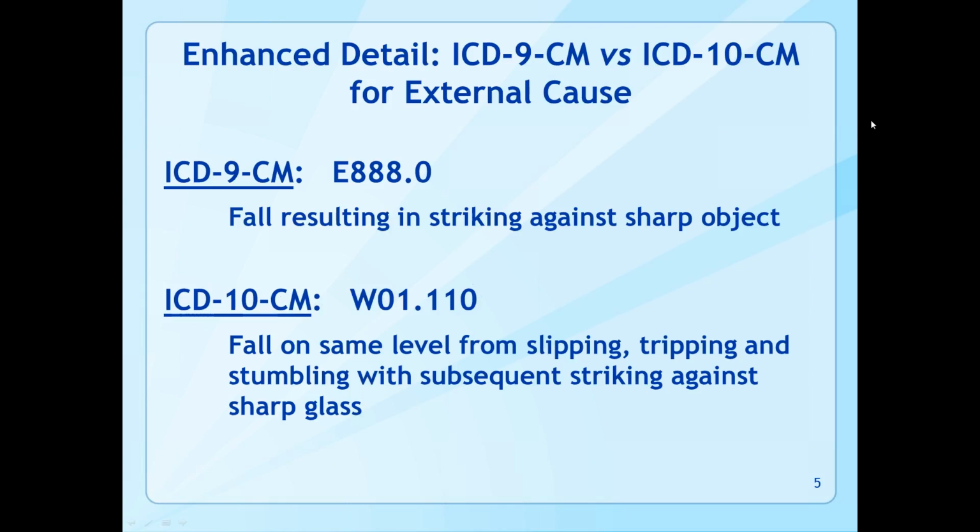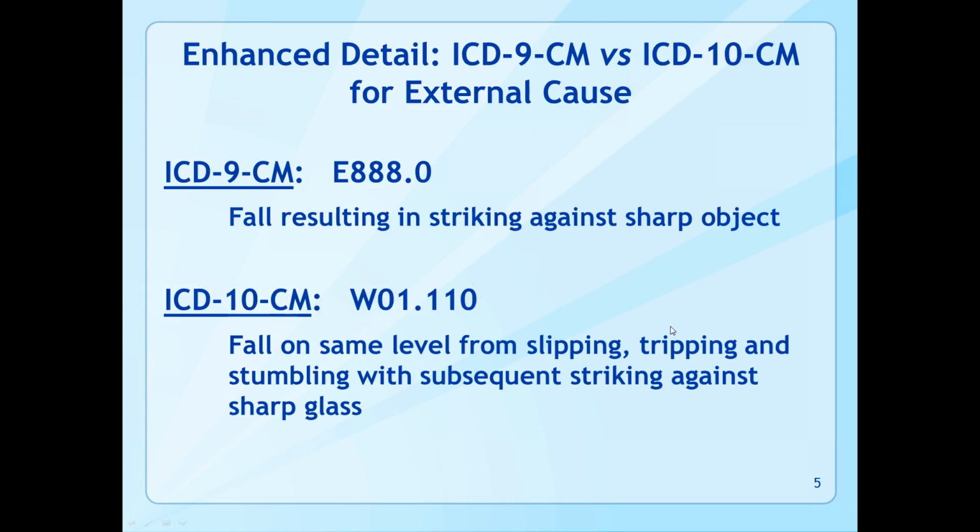This slide shows an example of the enhanced detail that's found in ICD-10-CM compared to ICD-9-CM. Here's a common code from ICD-9-CM, E888.0, fall resulting in striking against a sharp object. The similar code in ICD-10-CM is W01.110. As you can see, there's a lot more detail included in the code.